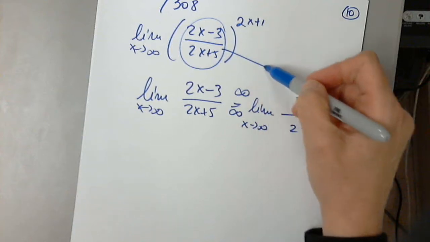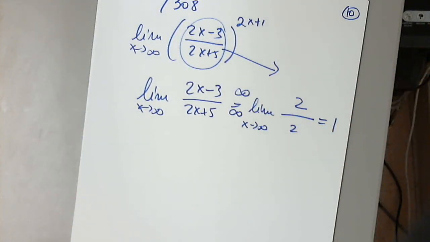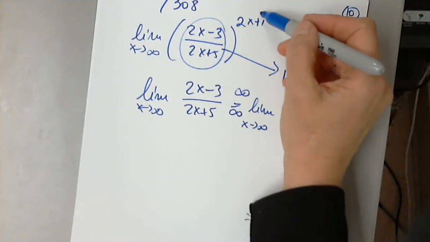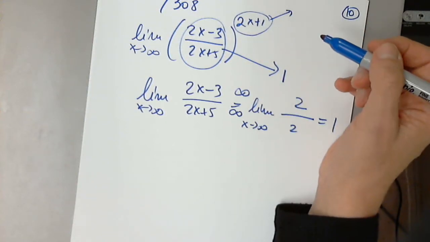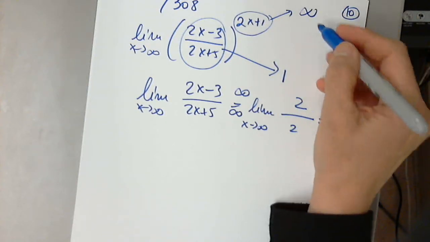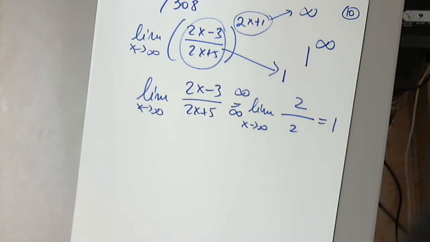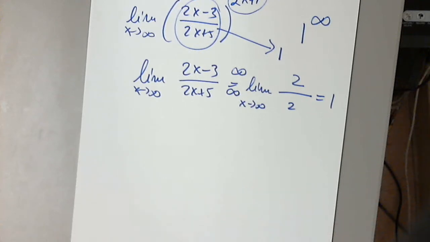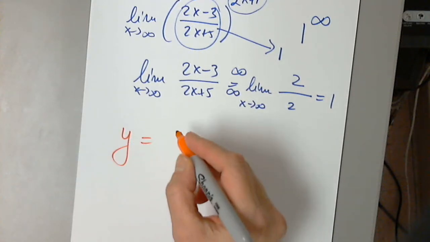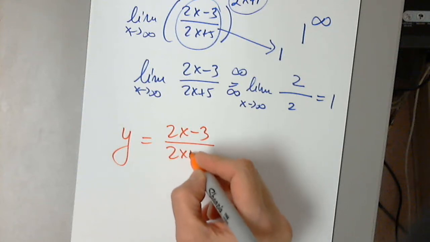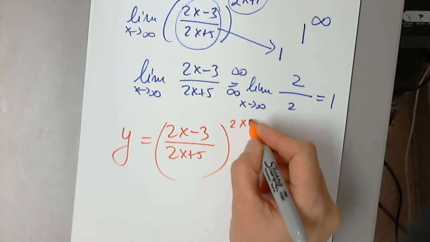So where does this go then when x approaches infinity? 1. Where does the power go when x approaches infinity? And look at that. We hit the third power. We looked at 0 raised to 0, we looked at infinity raised to 0, and now we're looking at 1 raised to infinity. Perfect. So then next step. So we denote this by y: 2x minus 3 over 2x plus 5 raised to 2x plus 1.